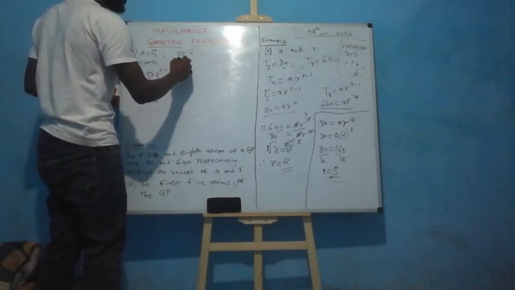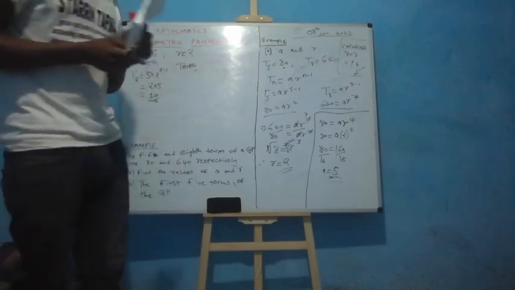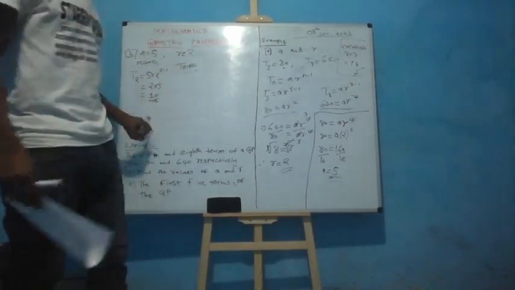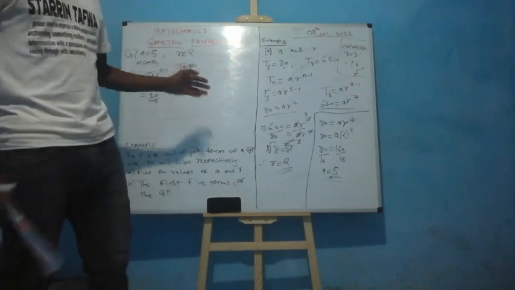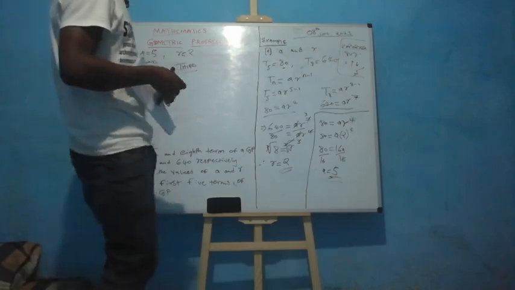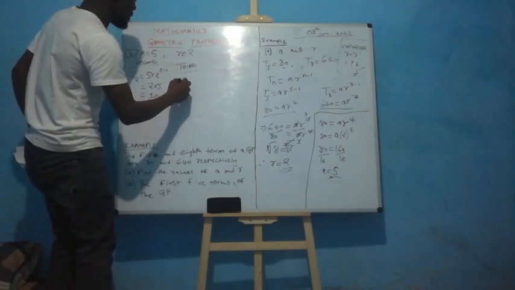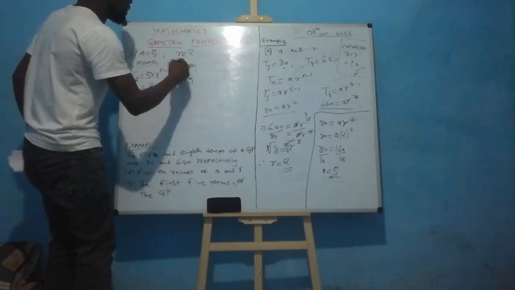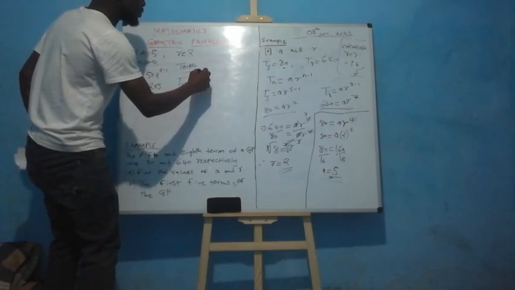We go through to find our third term. Again, it's the same procedure that we're going to use to find our third term. We are going to use this term formula to find the third term. Feel free to pause the video and try to find it out before you actually see how we're going to find it, and you can compare the answers at the end of the video. Okay, the third term, T3, shall be equal to, the first term obviously is 5, multiplied by our r, which is a constant 2, raised to the power 3 minus 1.